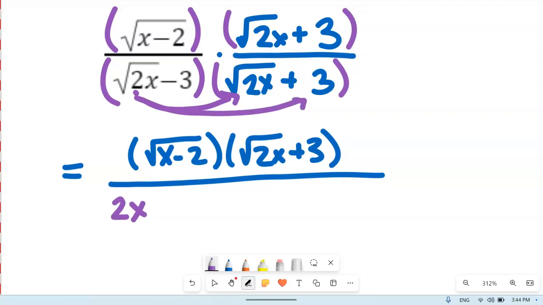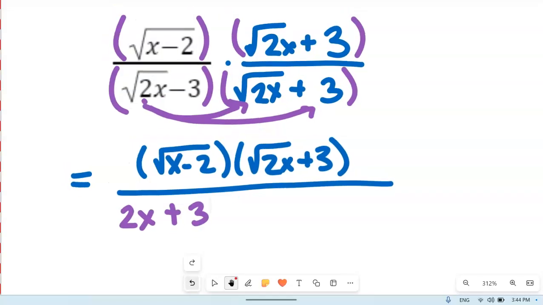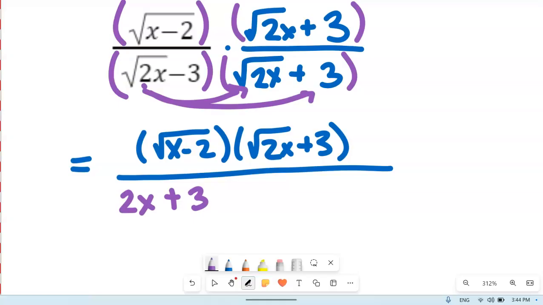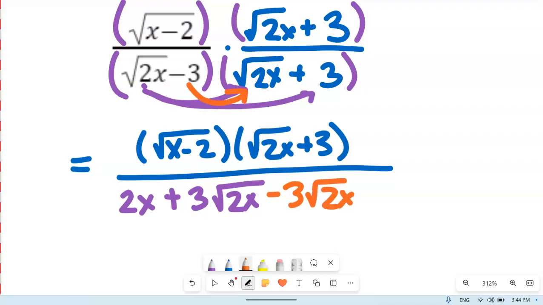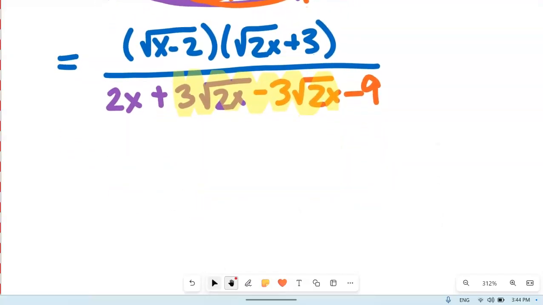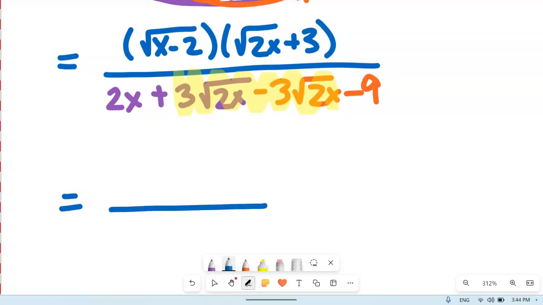Root 2x times plus 3, so that's going to be plus 3 root 2x. And then I've got negative 3 times root 2x, so I'm going to have negative 3 root 2x. And then finally negative 3 times positive 3, which is negative 9. Same as what happened before, these two center terms are going to cancel out. So I'm going to rewrite my new denominator now as 2x minus 9.